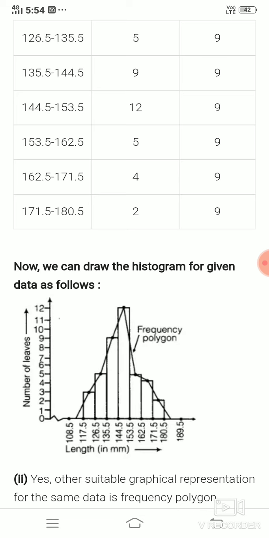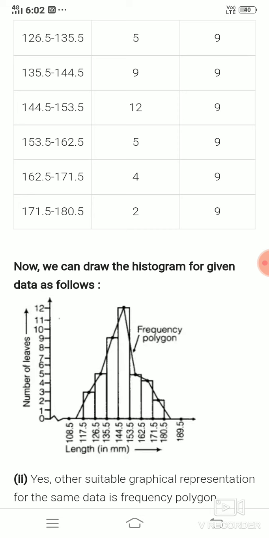The starting limit is 117.5, and on the x-axis we need to introduce the break symbol for the histogram. Here we subtract 0.5 from the lower limit and add 0.5 to the upper limit, so the modified table is given to you.